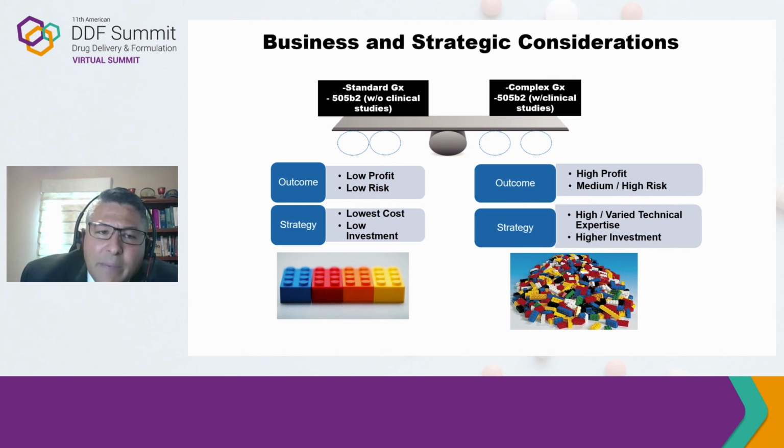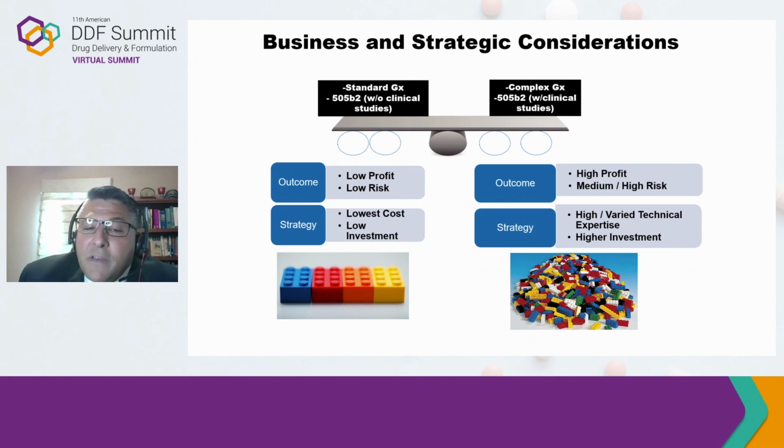And it's really a balancing act. If you do have a 505(b)(2) without clinical studies, it might be lower risk. It might have a lower development price tag, lower investment. As opposed to a 505(b)(2) with clinical studies, it could generate a higher profit, but with a higher risk profile.